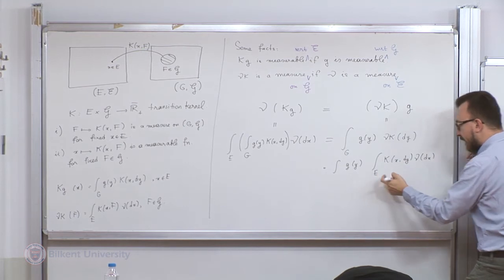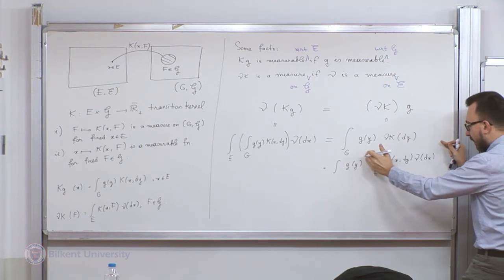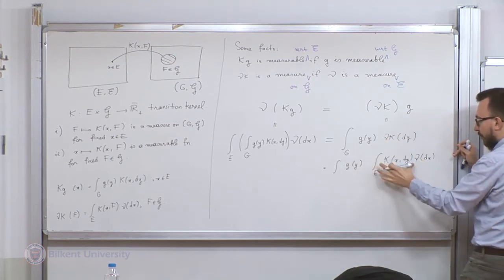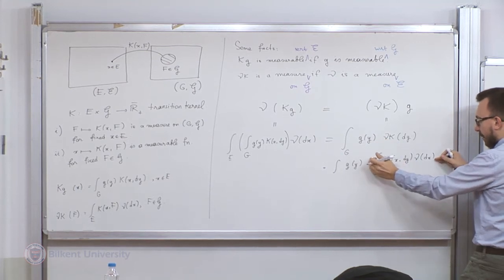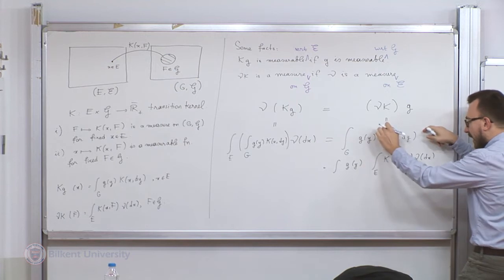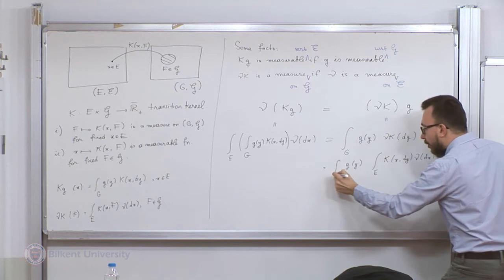But since I take the integral over the first space, now this is like a differential form with this dy, right? This is the meaning of nu k dy. So I use this as the nu k and integrate g with respect to this measure on the second space.